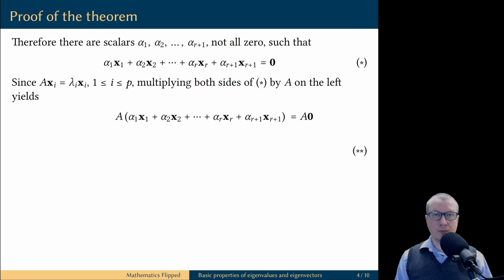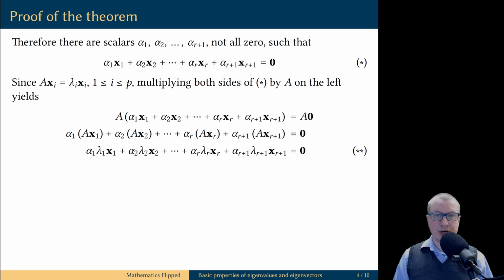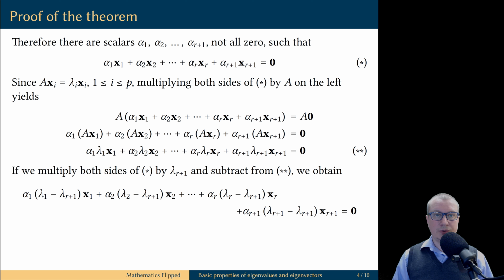Then we are going to multiply both sides of this vector equation on the left by the matrix A. On the left-hand side, we are going to use properties of matrix operations, and on the right-hand side, we observe that matrix A times the zero vector is the zero vector. But now we are using our assumption that the vectors xi are the eigenvectors of the matrix A with the eigenvalues lambda i.